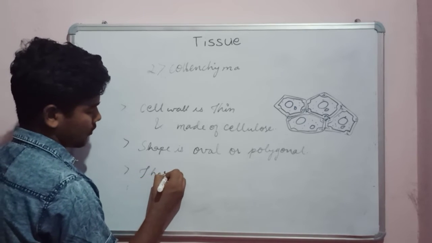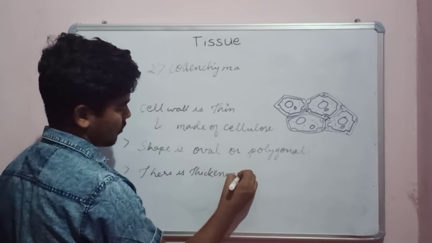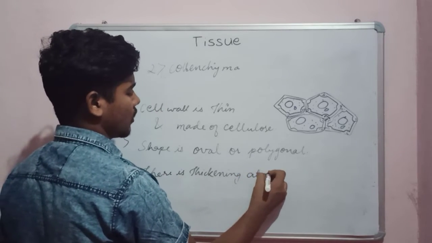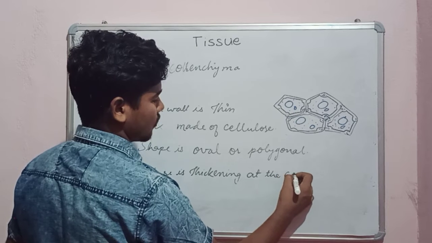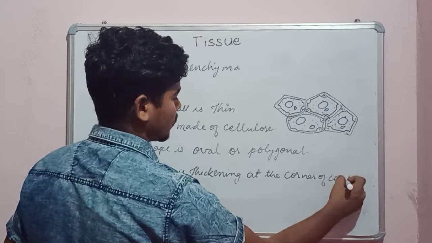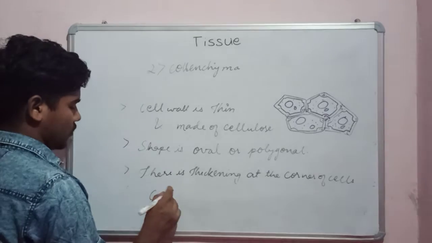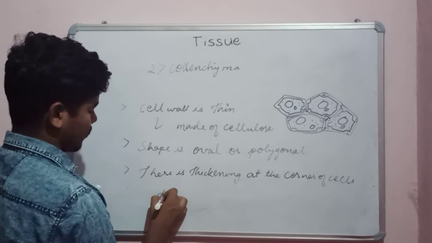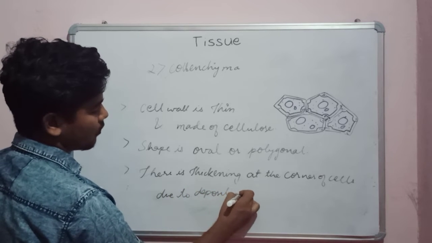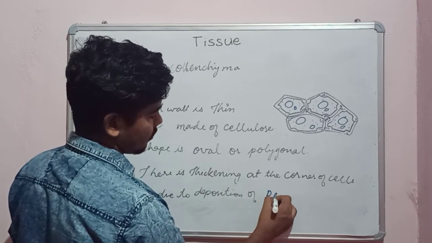There is thickening at the corners of the cells due to deposition of pectin.